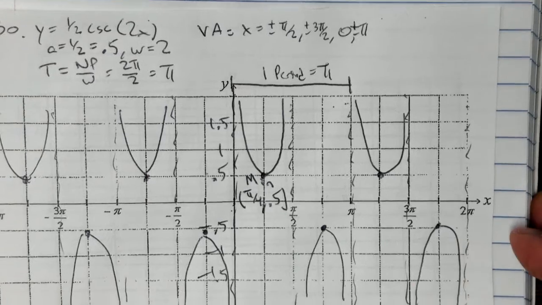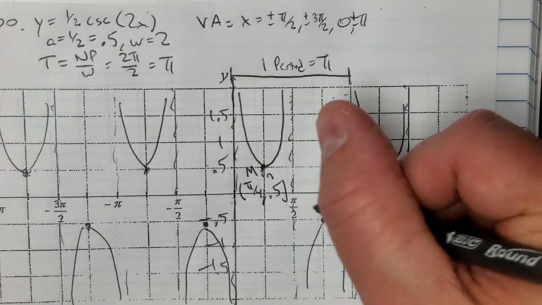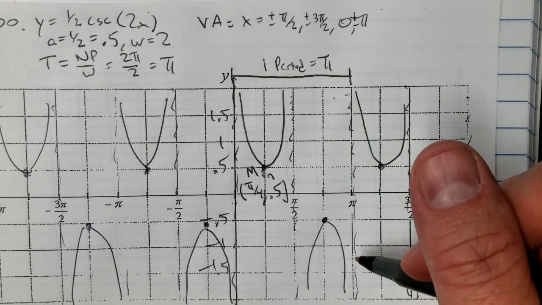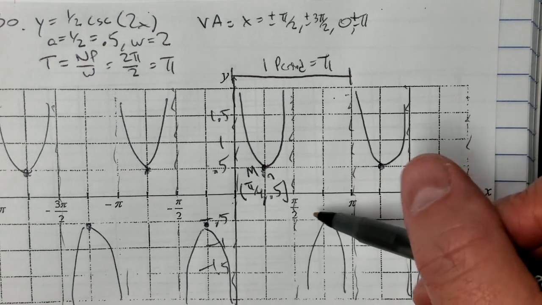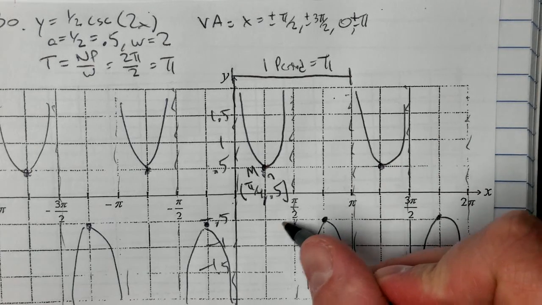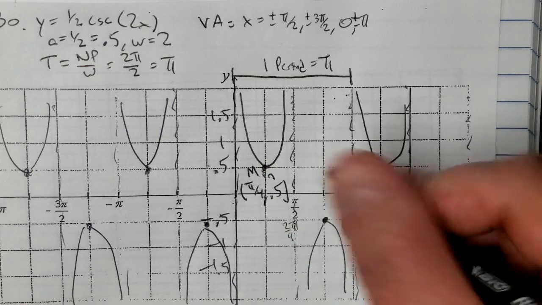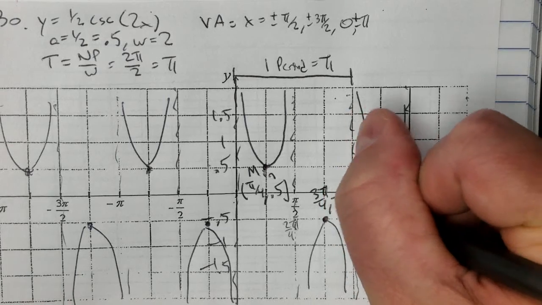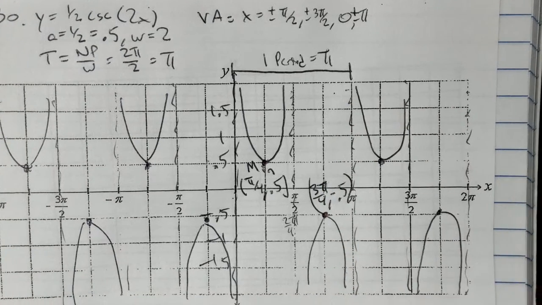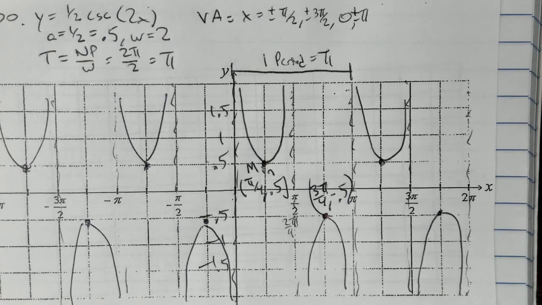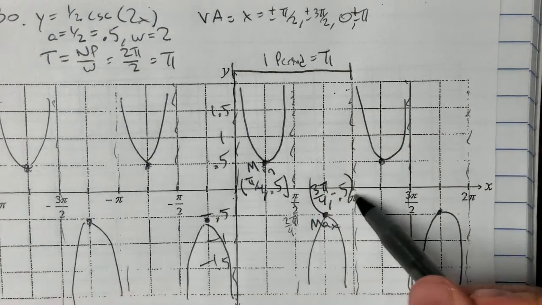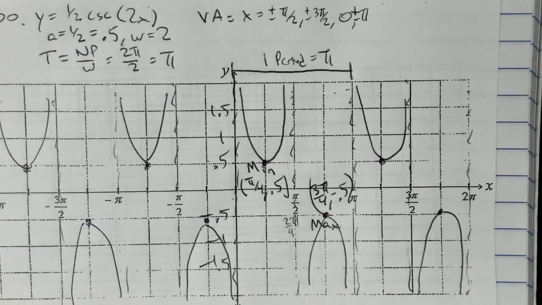So those are all your minimums, and your maximum points would be between pi halves and pi. If we think of this as 2 pi fourths, then this one would be 3 pi fourths. 3 pi fourths, comma, negative 0.5. Those are your maximums. Anything with a negative 0.5.